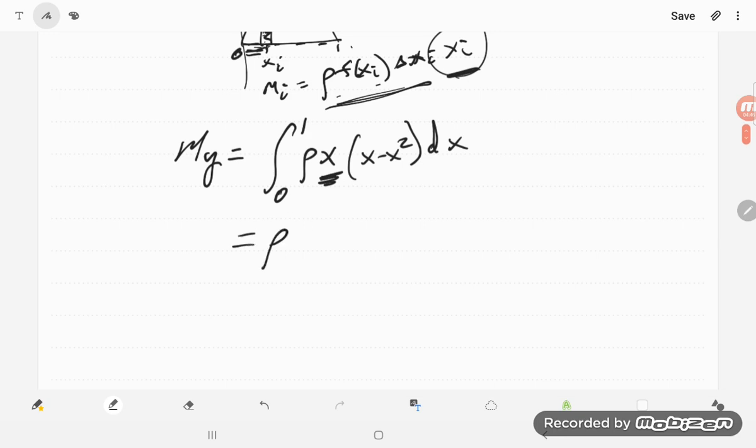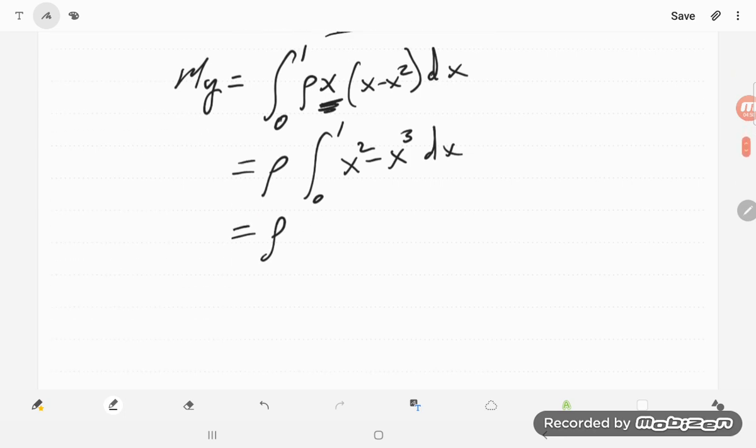So this m sub y is rho times the integral of x squared minus x cubed dx. This is rho times x cubed over 3 minus x to the 4th over 4 from 0 to 1.